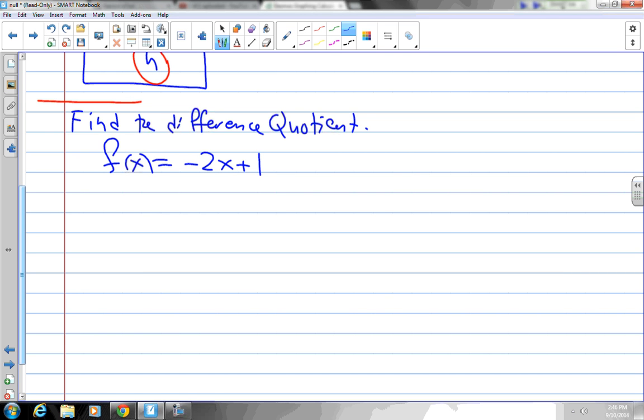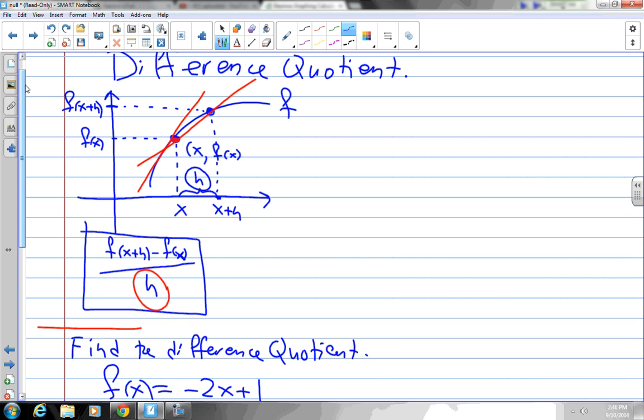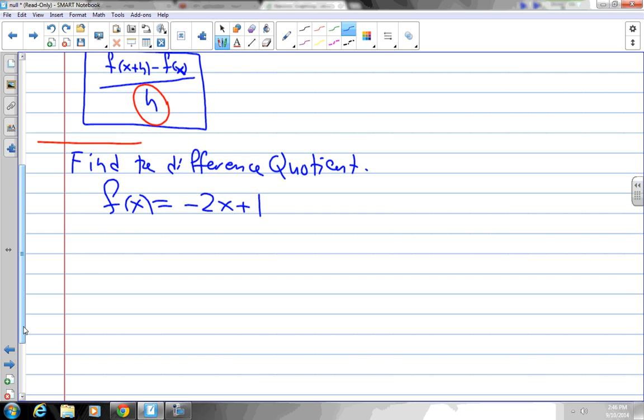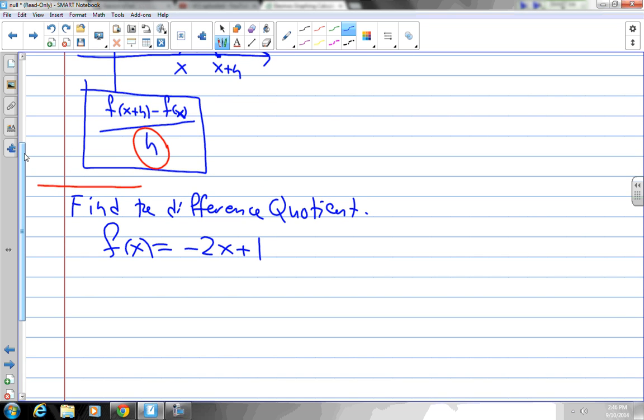Now you can actually guess the answer, and you're probably going to be correct if you understood how we derived the formula. Because the difference quotient is just the slope of a secant line, right? Now, if your function is a line to begin with, so if you connect any two points on the line with a line, what do you get? You get the same line back. So what is the slope of that line? Negative 2. So that's my prediction: if I take this formula and apply it to that function, the answer will come out to be negative 2, because that's what we're looking for, the slope.